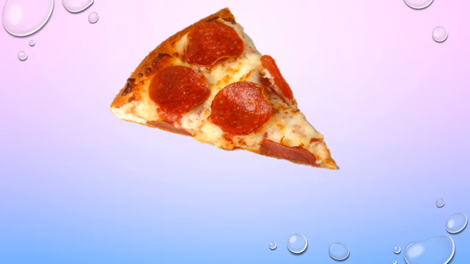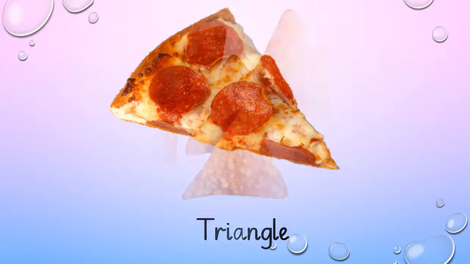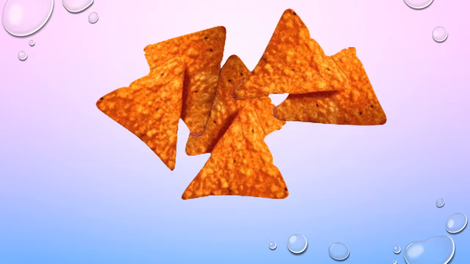What is the shape of this pizza slice? Yes, it's a triangle. Let's spell triangle together. T R I A N G L E. Triangle. These chips also look like which shape?